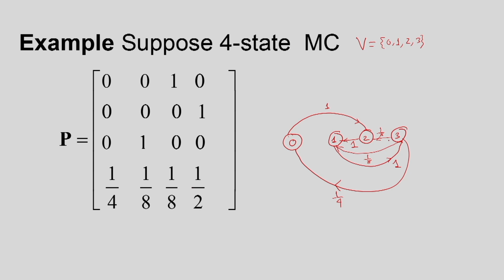From 3 to 3 itself there is a loop with probability half. So this is the state transition diagram.